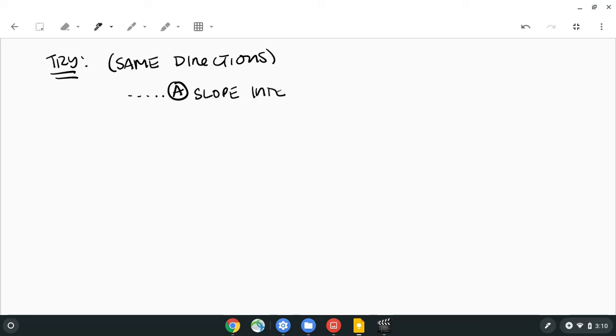All right, so try this one. Same directions, okay? Write the equation of the line. And let's do one in slope-intercept form, so we'll do that one, and B, let's do standard form.